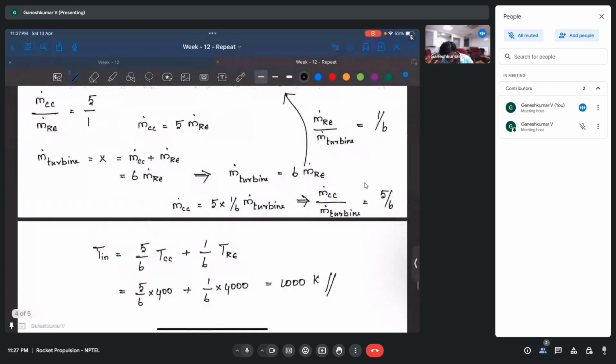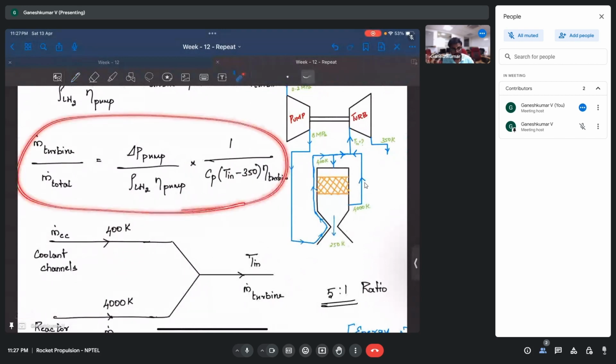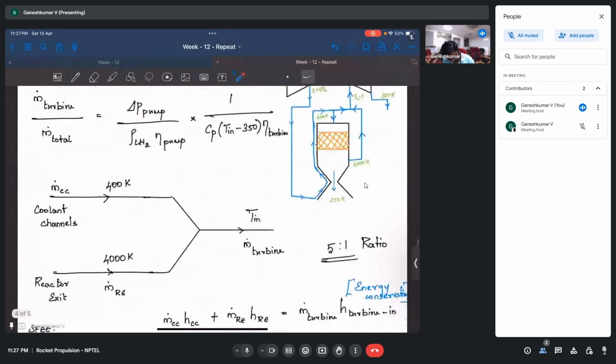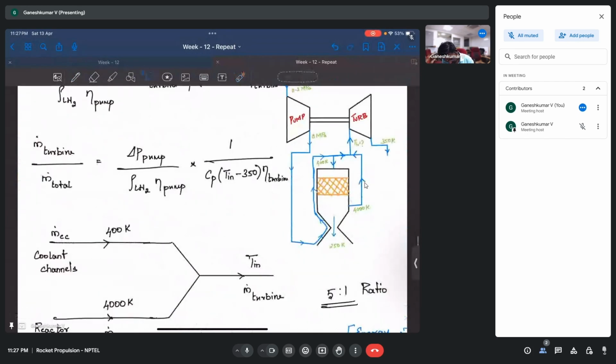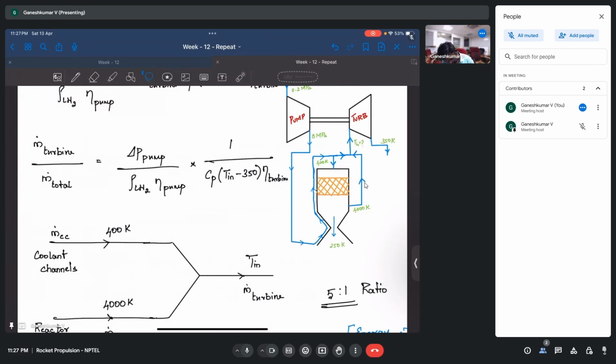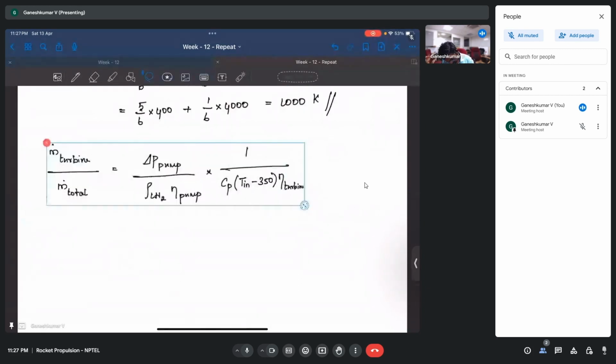Since we know T in, we can directly plug into this formula to find m dot turbine by m dot total. Let me copy it from here. Paste. All right.